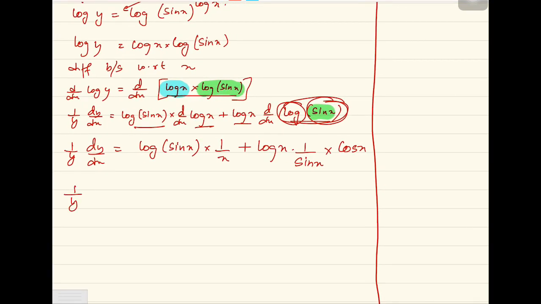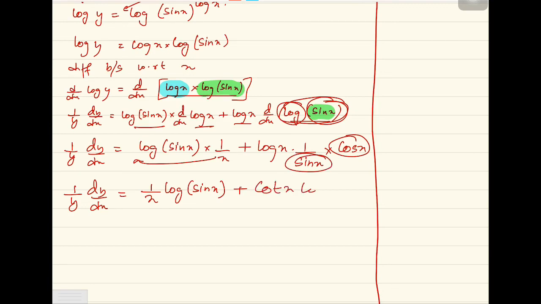Now 1 by y dy by dx equals 1 by x log sine x. Can I write it like this? 1 by x, I'm bringing it right in front, plus cos x by sine x means cot x, so cot x log x. Because these two are different from log x, I can't multiply them.